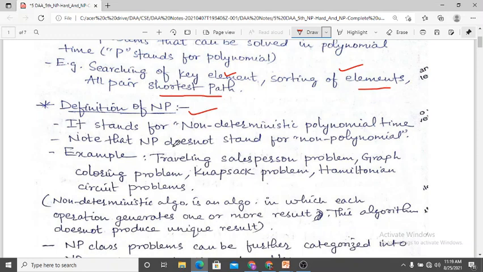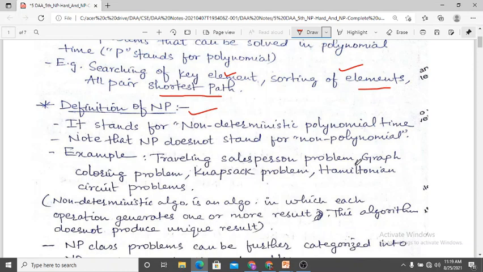But when you come to non-deterministic polynomial time, for the traveling salesperson problem, the person can go from anywhere and should visit the vertices once and reach the starting point.